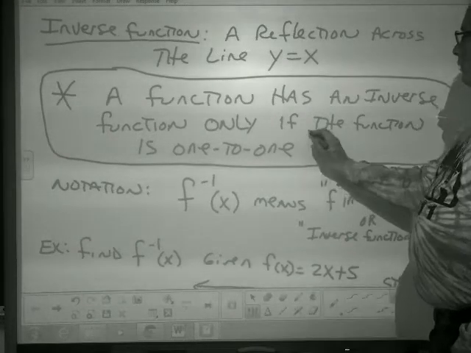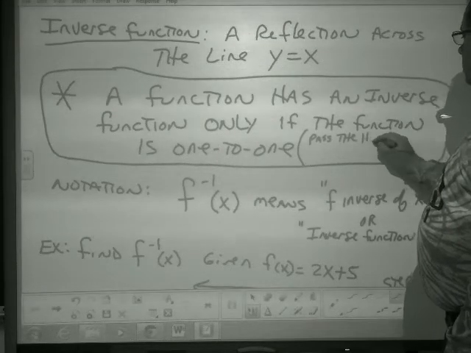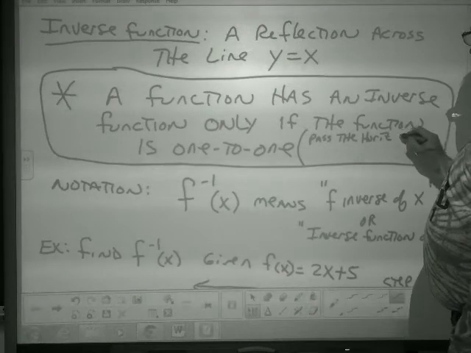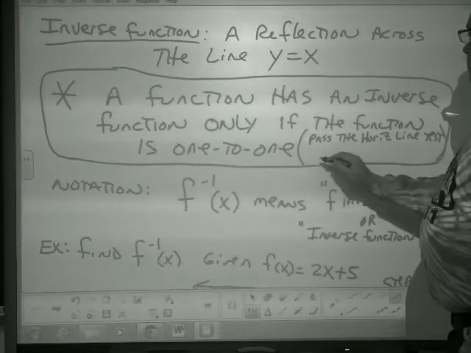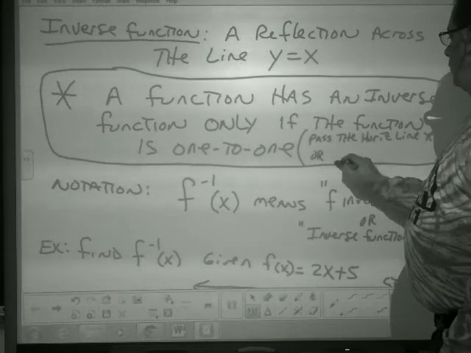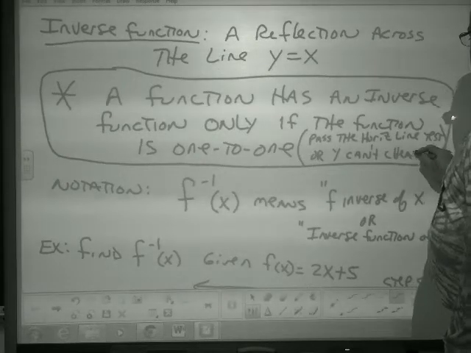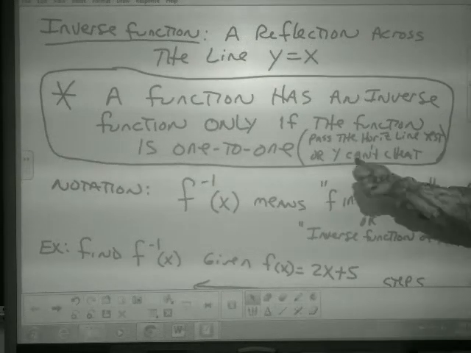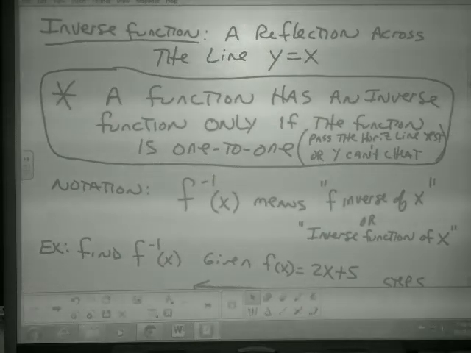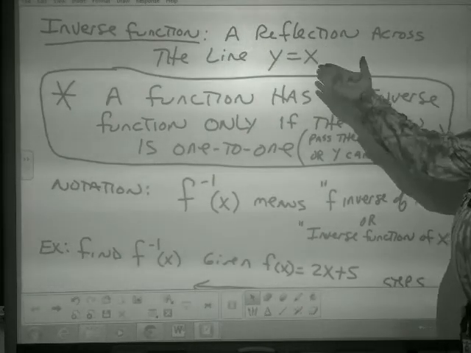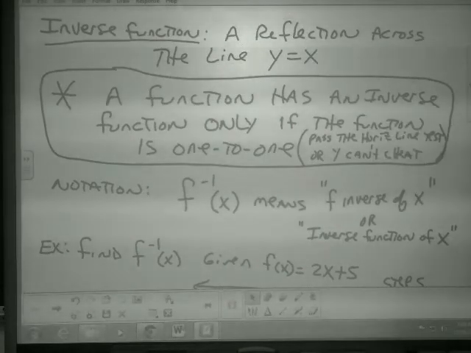And if you remember, if it's 1 to 1, it has to pass the horizontal line test, or y can't cheat. If we think about a coordinate point, y can't be cheating, when we talked about 1 to 1. So if I take a graph reflected across the line y equals x, you did that in geometry, I've created an inverse function.